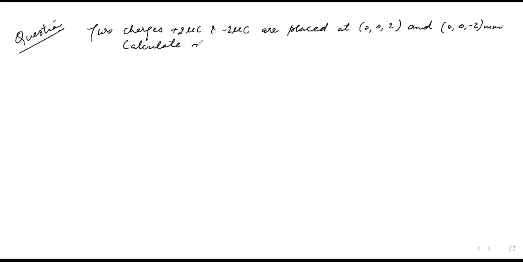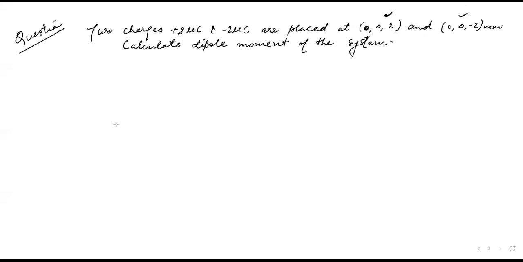Calculate the dipole moment of the system. Now, the positions of the charges are given in coordinate form. The position of the first charge is (0, 0, 2) and the other charge is (0, 0, minus 2).